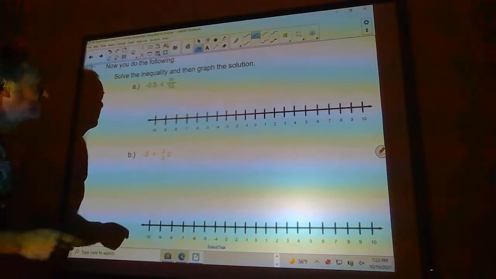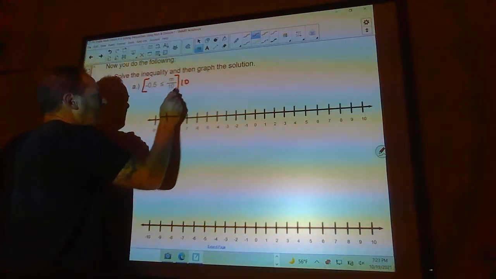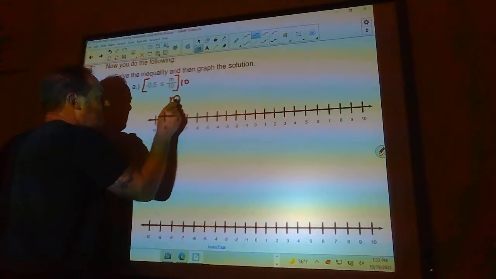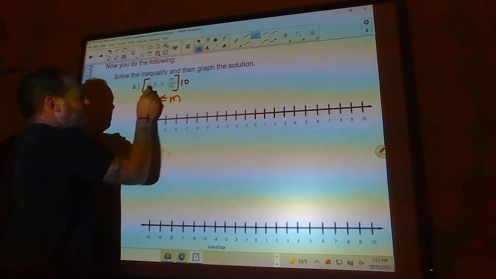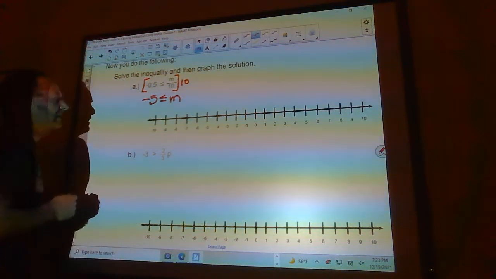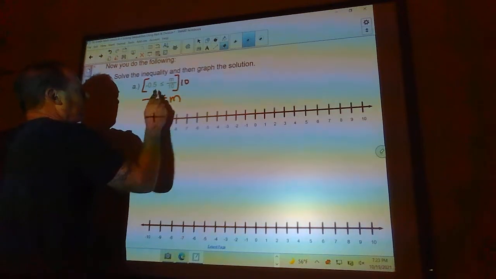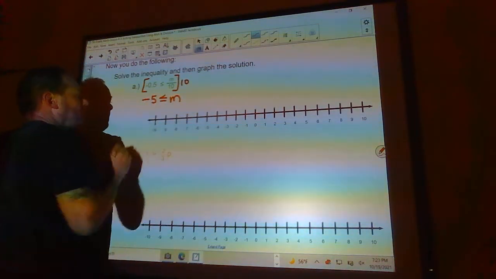Okay, so this one here, the first thing I'm going to do is multiply this whole thing by 10. Because it's going to make this m over 10 just m. And it's going to make this negative 5. Not negative 0.5, negative 5. And that's an ugly 5, so we're going to erase that and put a nice 5 in there. There we go.